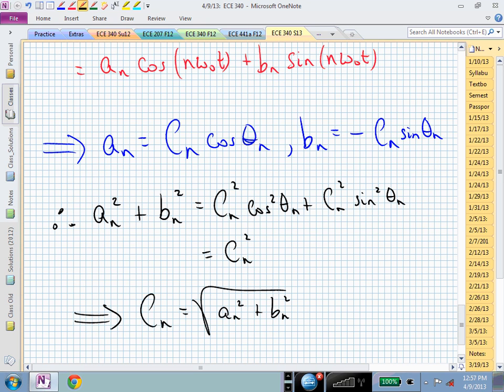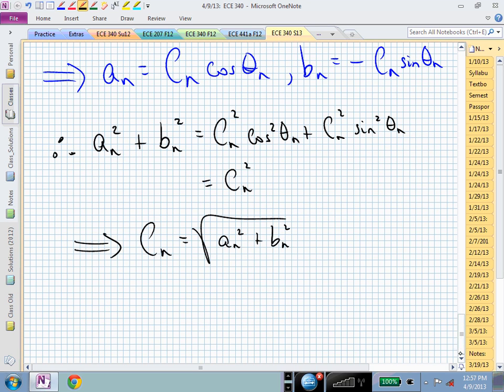That we now know. And we can do something similar to try to find the theta. Now, instead of squaring the a's and the b's, we can take the ratio of those a's and b's, and maybe put that minus sign, multiply by 1 on that right-hand expression for little b sub n, and now we can find our angle theta.